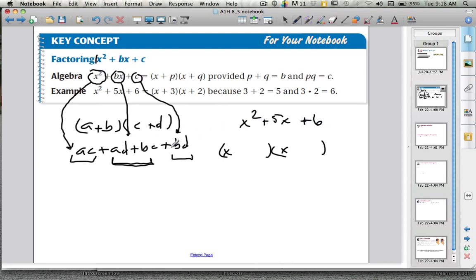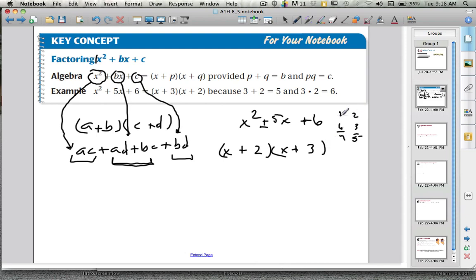But when those two items were added together, they became positive, so I know that they're both positive, plus and plus. And now I want to find the factors of 6 that will add up to be 5. Well, the factors of 6 are 1 and 6, and 2 and 3, and 1 and 6 add up to be 7. 2 and 3 add up to be 5. So I'm using 2 and 3.